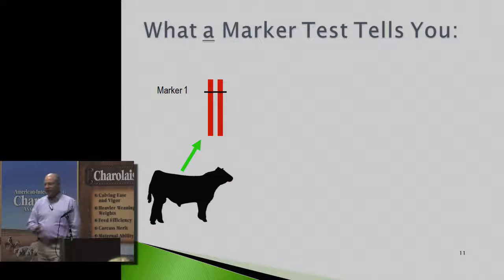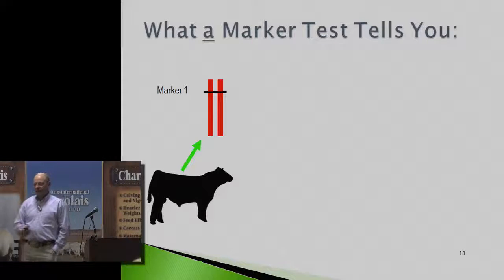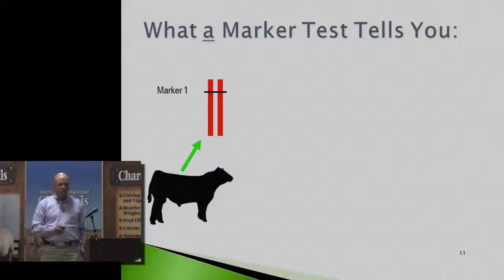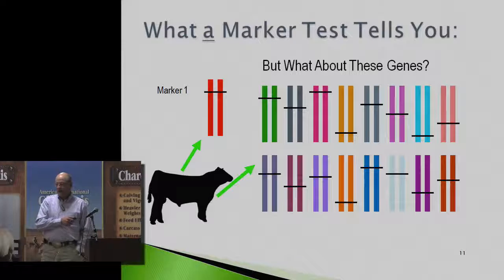So, what does an individual DNA marker tell us then? It tells us about the simple association between that marker and some nearby QTL that's associated with a trait. That's it. Okay? But what do we know about most traits of economic importance in beef cattle? Are they affected by one gene or a whole bunch of genes?